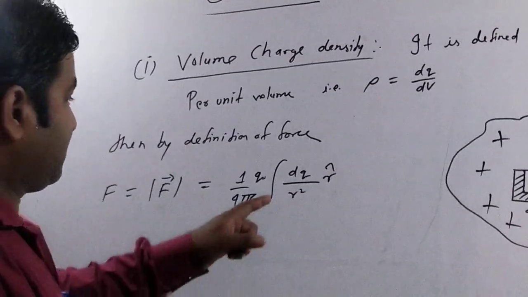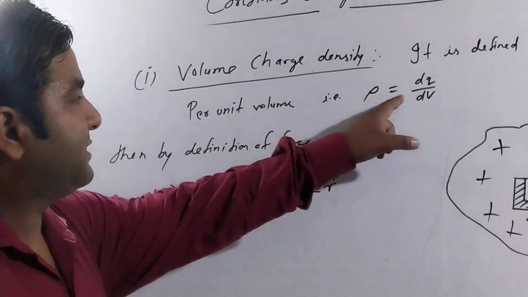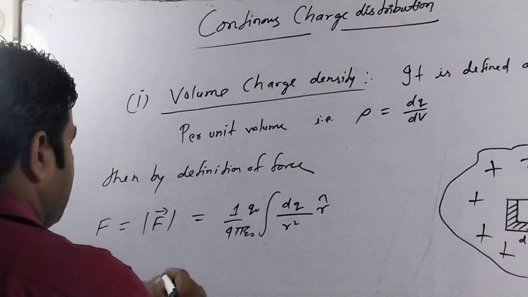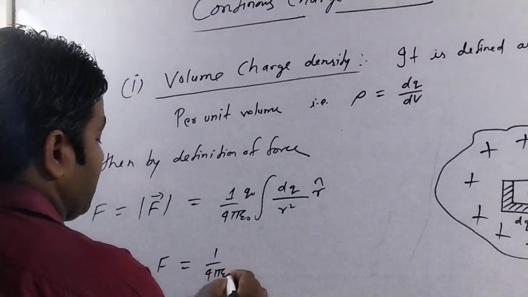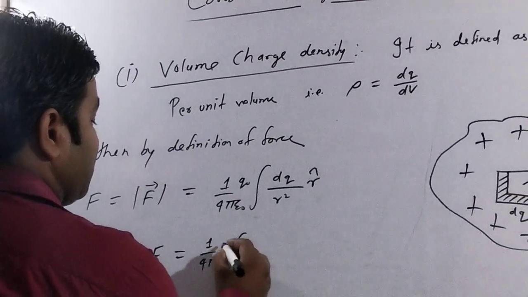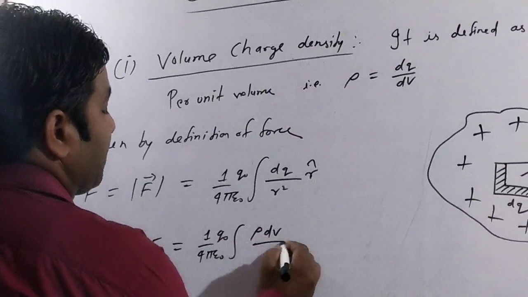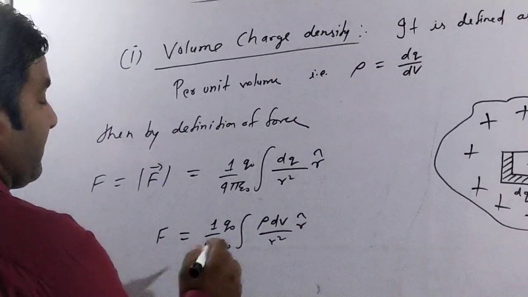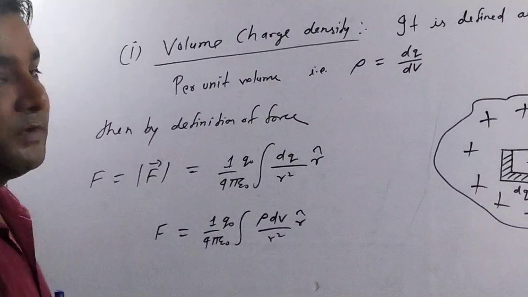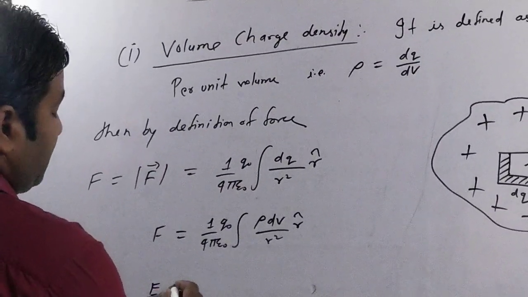So dq is represented here, and we have to replace this dq with the help of this equation. Then F is equal to what? 1 upon 4 pi epsilon naught integration rho dv upon r square r cap. This is the value of force, and with the help of this force formula we can calculate the intensity. E is equal to what?